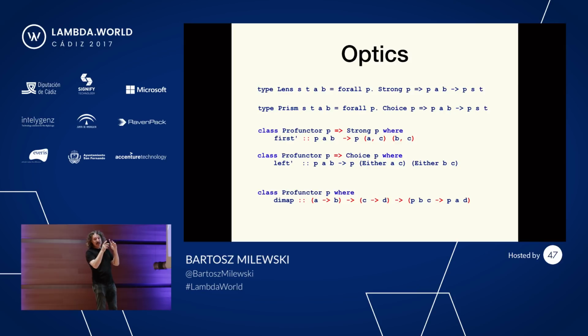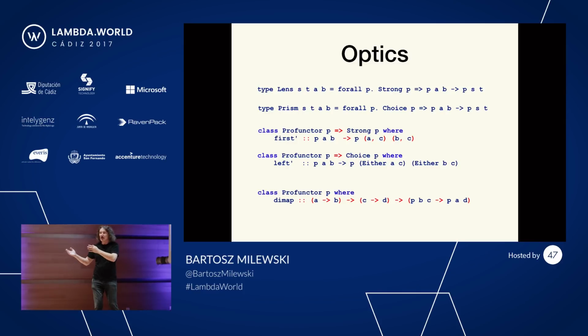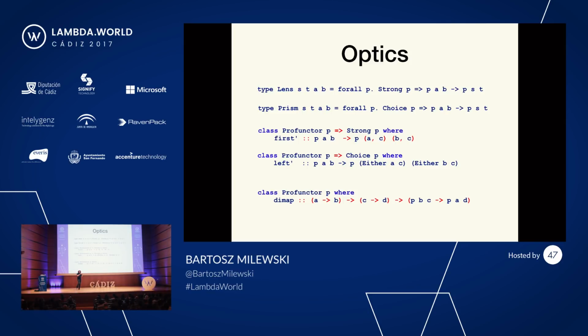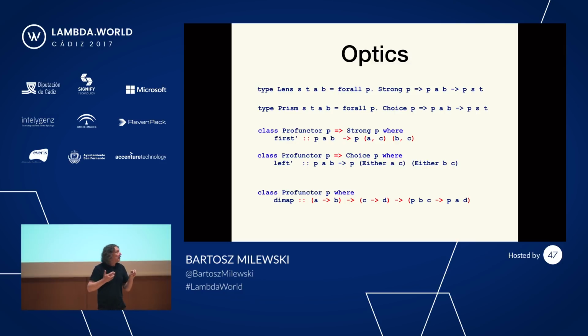If A is in a relation with B, then also (A, C) will be in relation with (B, C). What does it mean? That if you have a data structure that can be decomposed into A and some rest called C, then you have a relation with B and this rest C as well. So A and B are these sub-objects, and C is like the environment in which they live. That's the intuition behind it.